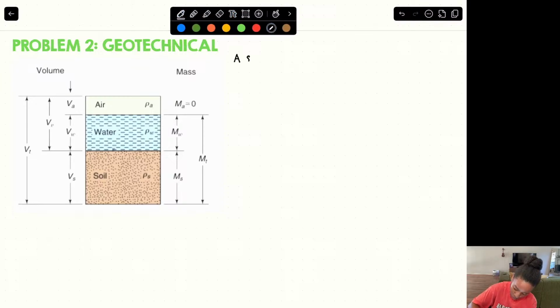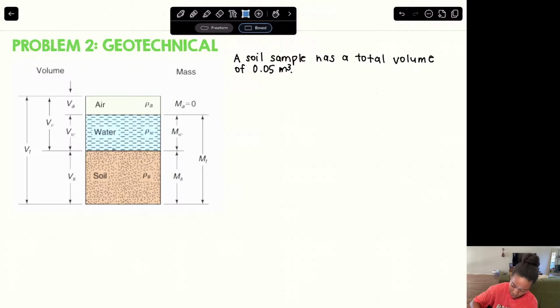So a soil sample has a total volume of 0.05 meters cubed. Some other givens: the total mass is 85 kilograms.